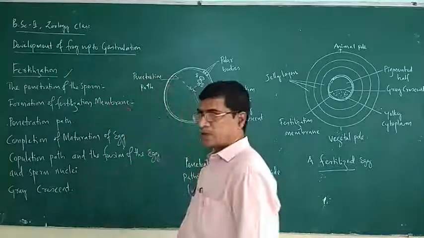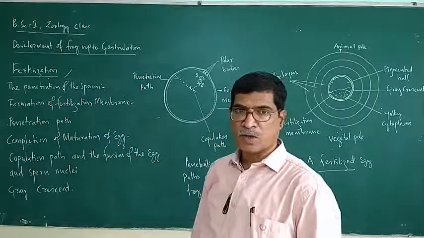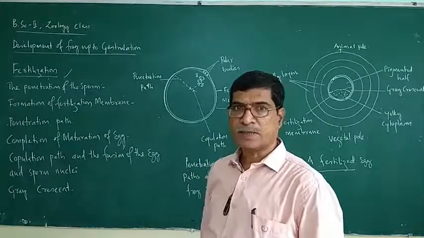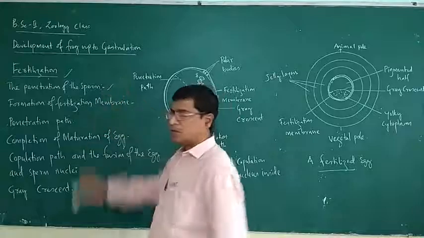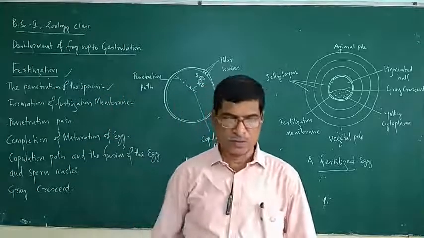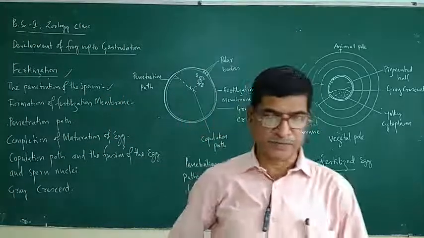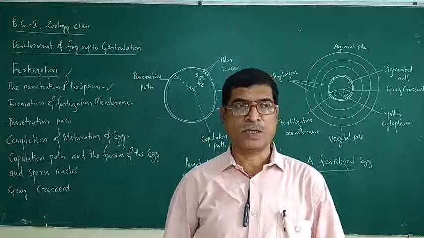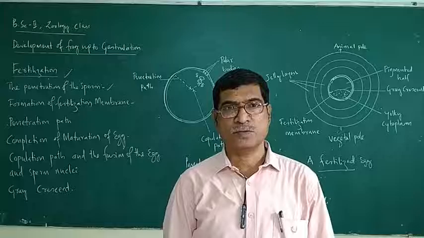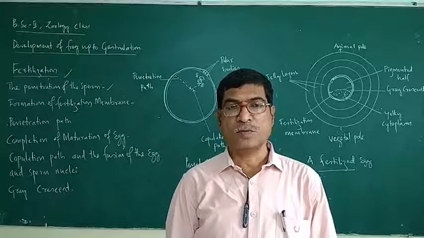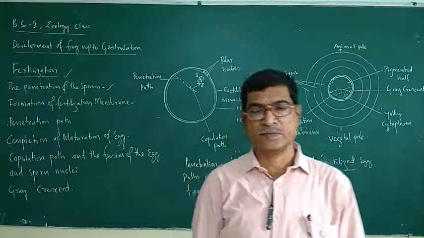So the fertilization process occurs in different stages. The first stage is penetration of the sperm. During monsoon, the female frog starts to ovulate and lay eggs.